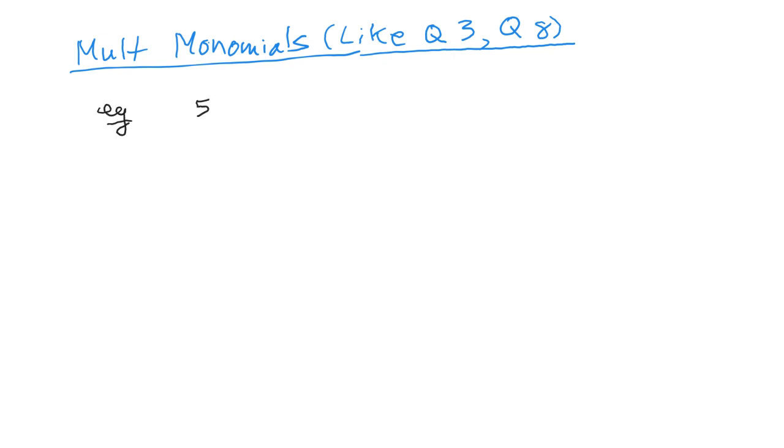Let's say I have 5x times 3x squared, right? The key is this. If I'm multiplying, you're going to get the following. 15x cubed. Now, how the heck does that happen?